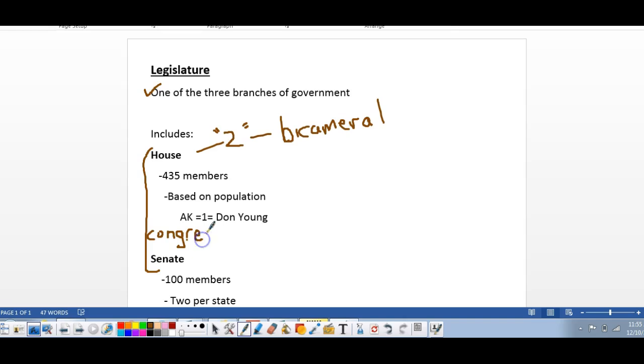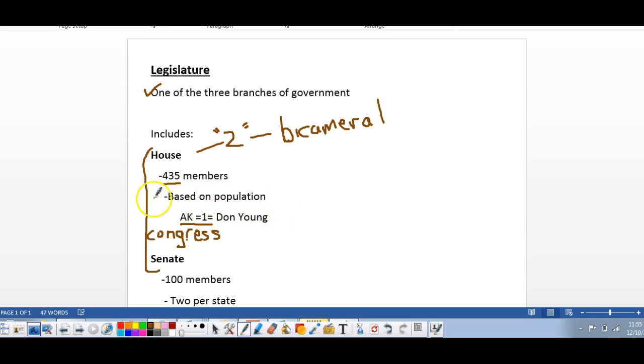Okay. So as you see here, the House of Representatives has 435 members, and each state gets a certain amount based on their population. You see here Alaska has one representative, so there's 435 people, and one of those people represents Alaska.